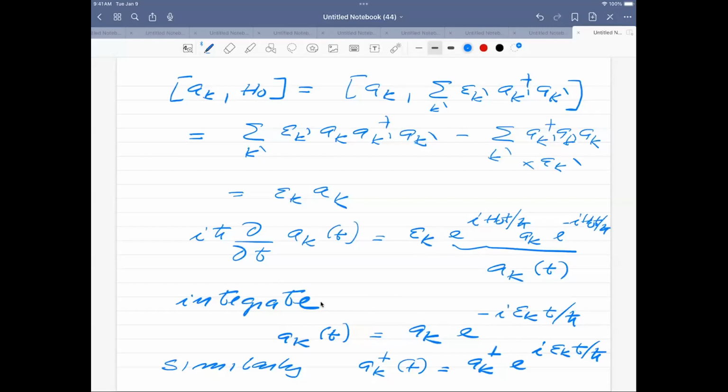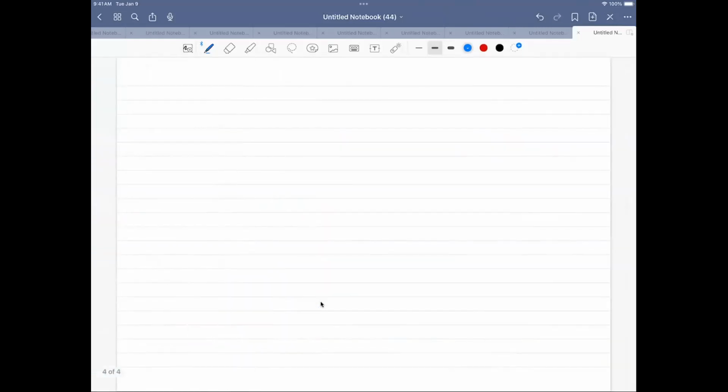So let's take a look now at an expectation value. We need now to modify a little bit Wick's theorem for time-dependent operators.